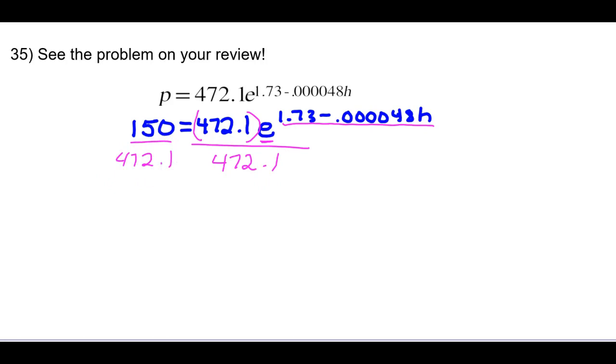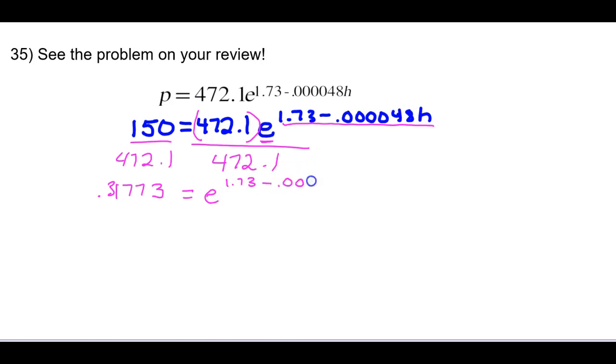These are just numbers, so it's just like when we've solved any of these before. 150 divided by 472.1 is about 0.31773. Now notice I'm using more than 3 digits here because these numbers are very, very tiny.